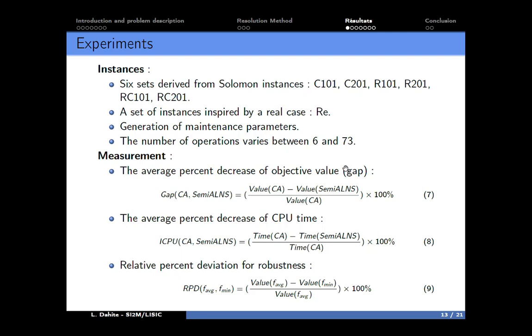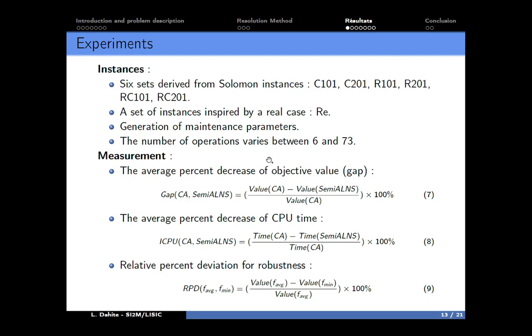Six sets derived from Solomon instances were used, and an instance inspired by a real case. We have generated maintenance parameters, and we have tested a number of operations that varies between 6 and 73.